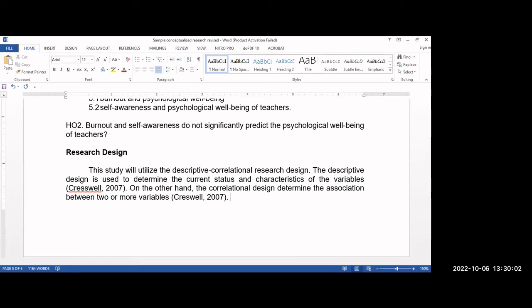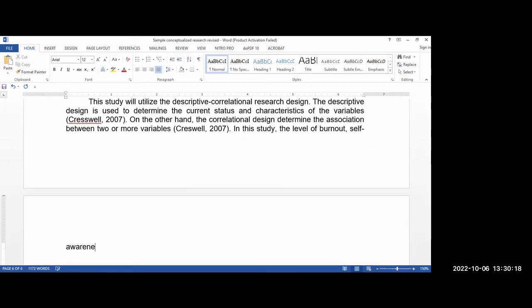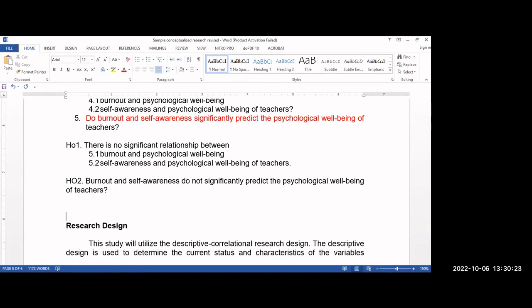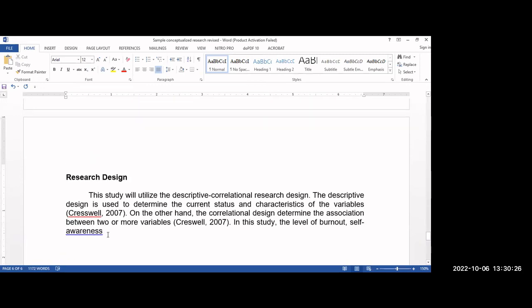How this design will be implemented in the study. So in this study, the levels of burnout, self-awareness. We wanted to know the levels. That is the current status. Burnout, self-awareness, and psychological well-being. Anong status ng teachers? Will be investigated.